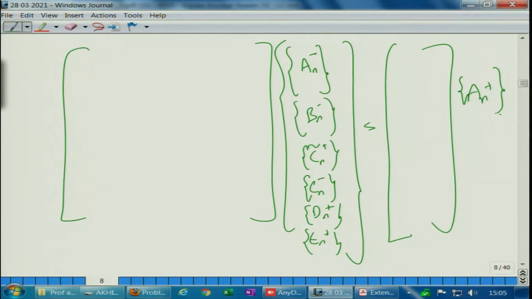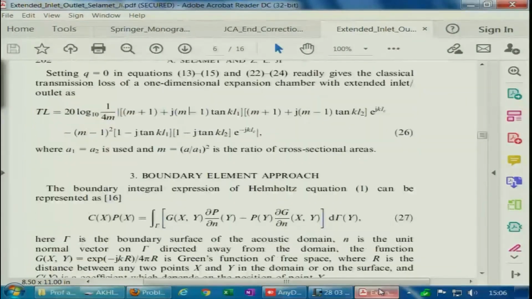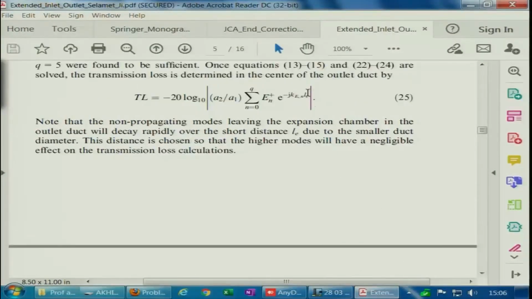Then we need to invert that matrix, express all these variables in terms of A 0, and find out the transmission loss as given by this expression, including the high order modes.